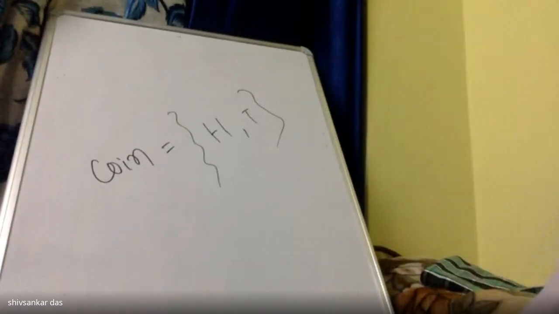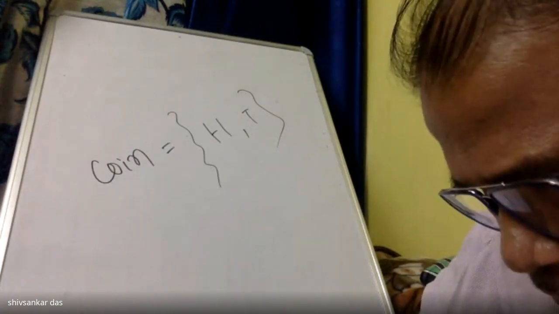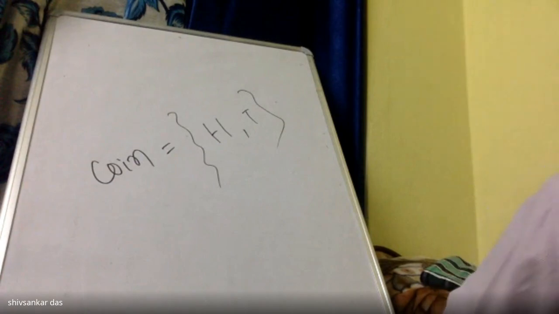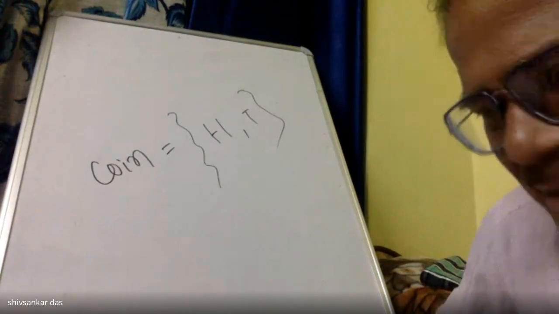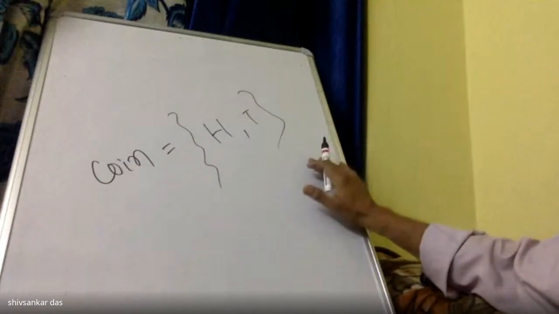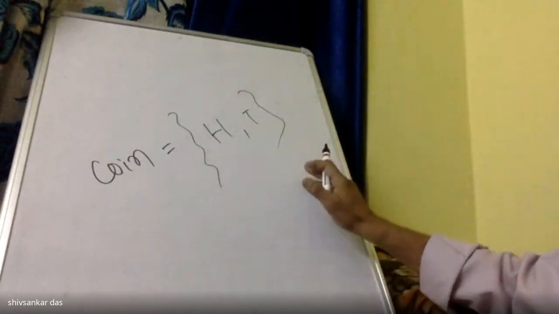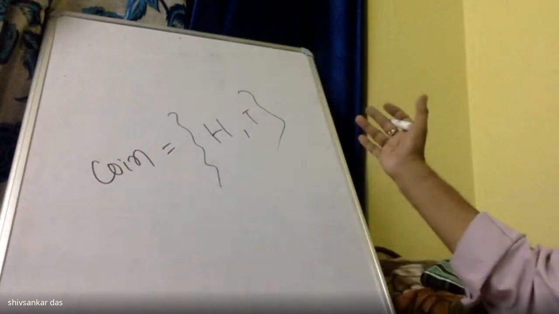No, sir. In case of pass and fail, is there anything possible other than pass and fail? No. Definitely there will be a result. Either head or tail. Either pass or fail. Either win or loss.